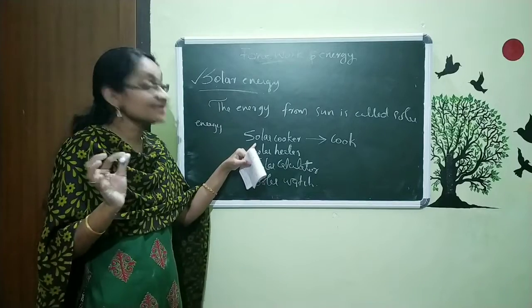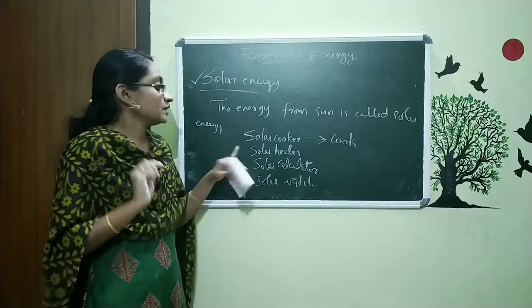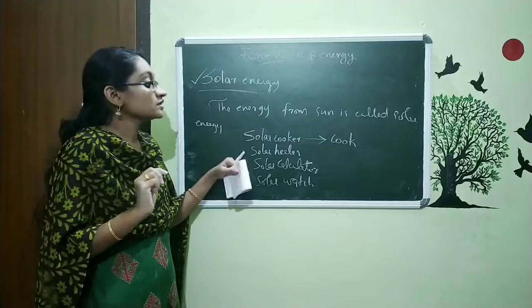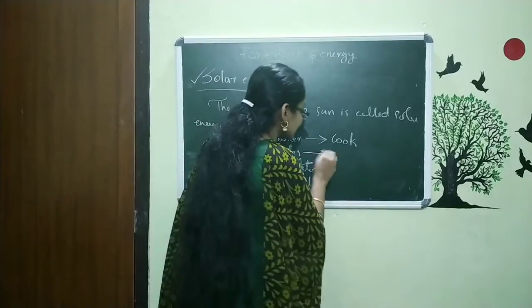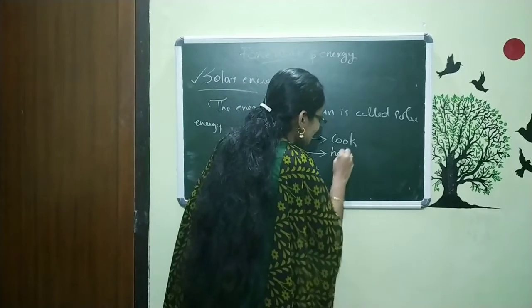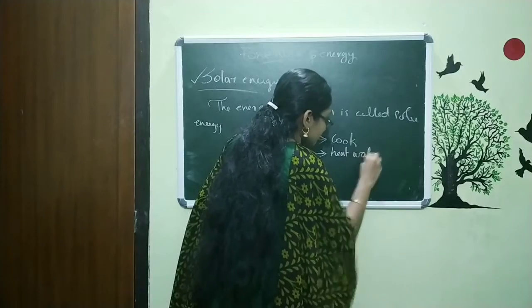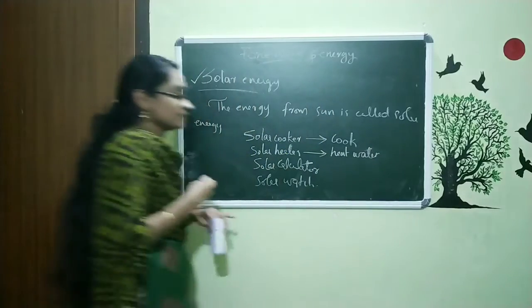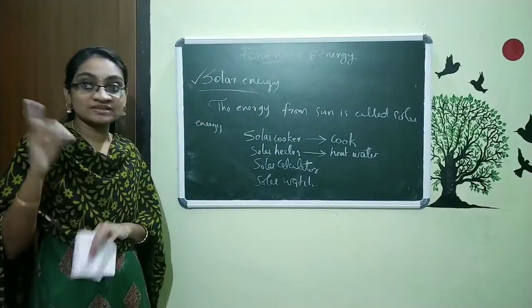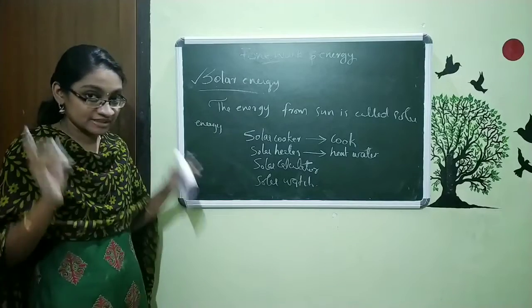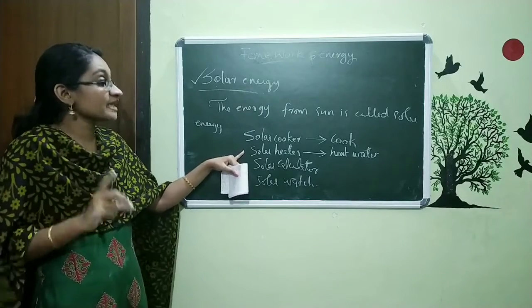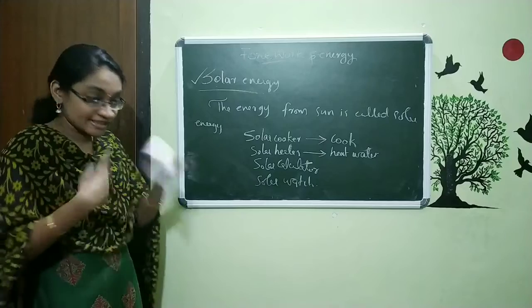We are utilizing the energy from the sun. The solar heater we use to heat water. Can we see the heater that works on electricity? No, here we are not using electricity, but we are utilizing solar energy to heat water.